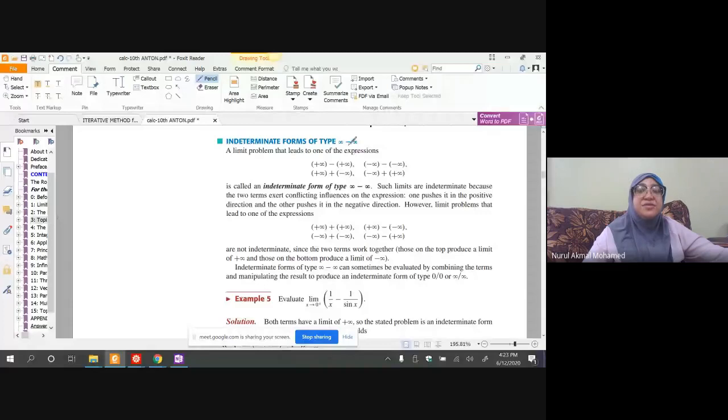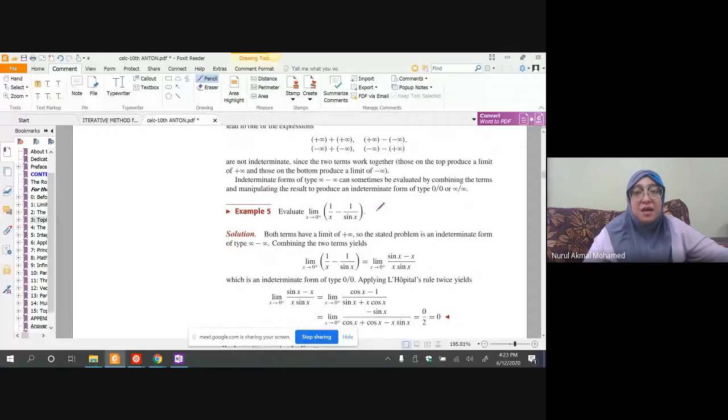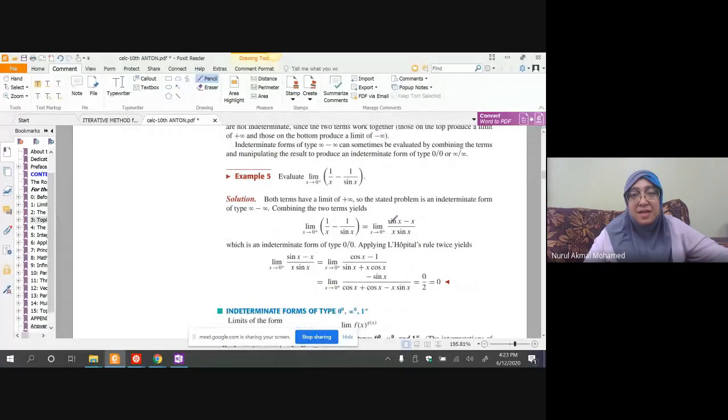Okay, then we have infinity minus infinity. Like before, I've always mentioned that infinity minus infinity is not equal to 0. Okay, we have to find the value of that if we are able to do that. Let's look at example 5. Limit x tends to 0, 1 over x minus 1 over sine x. In order for you to apply L'Hopital rule, let's express this in terms of a rational function.